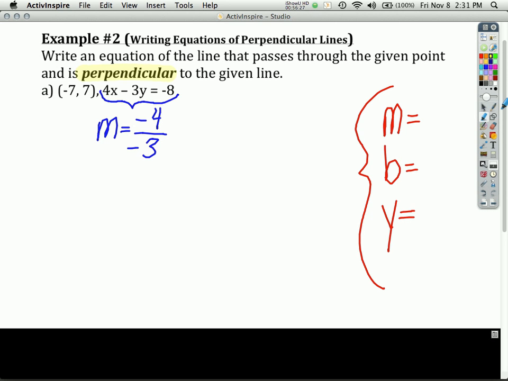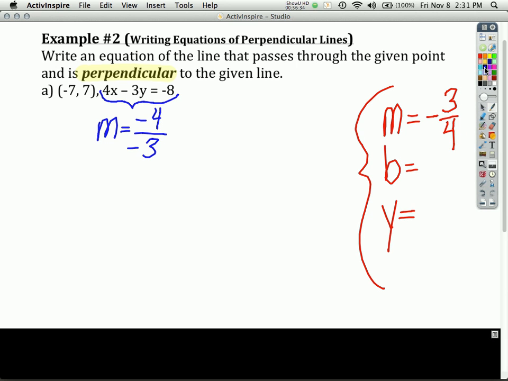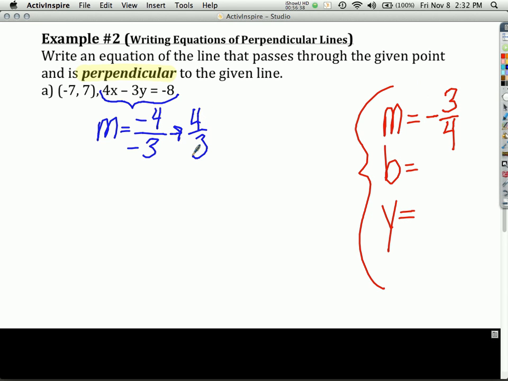So the word perpendicular tells us to do this. Let me go back a second. This became 4/3. But we need a perpendicular line, so we flip the number, flip the sign. Now the rest is the same.